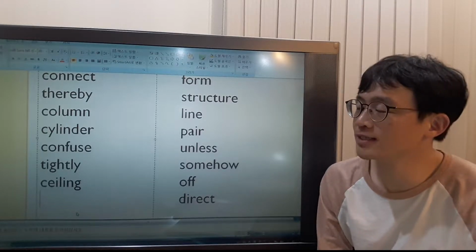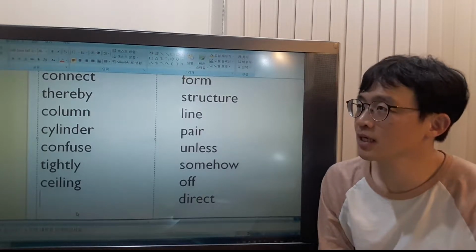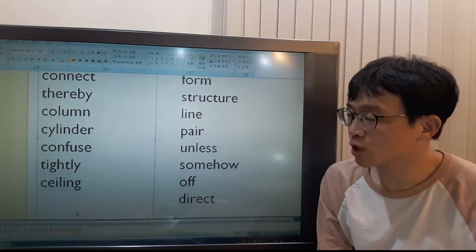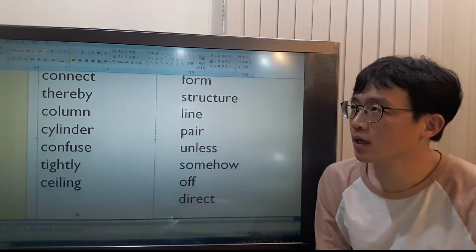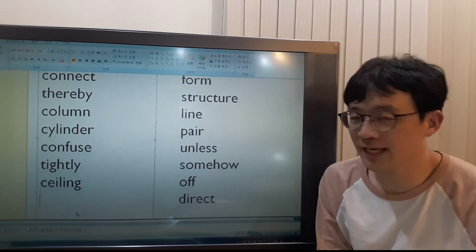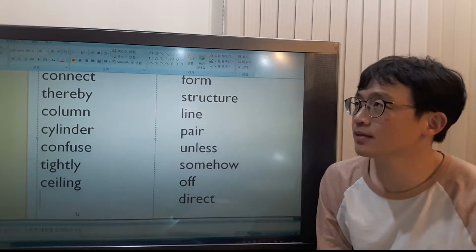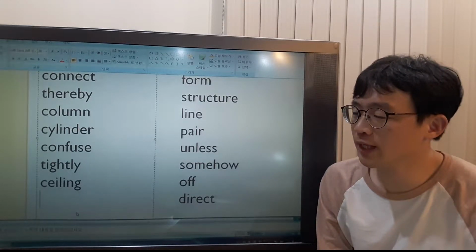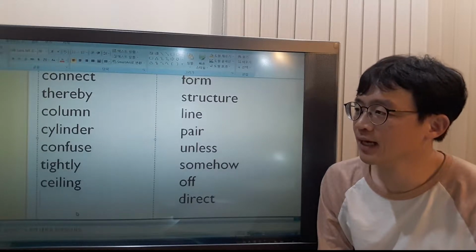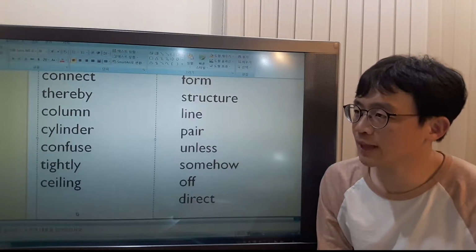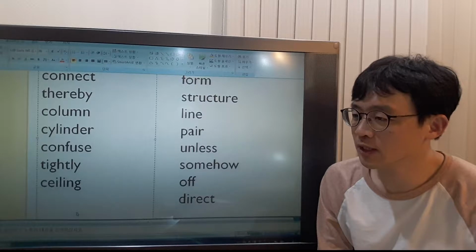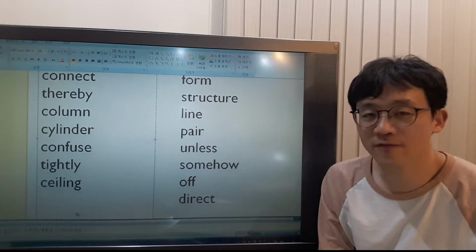And whereas stalagmite is a long piece of rock, okay, which sticks up from the floor of a cave, all right? And it is also formed when the water containing mineral lime drops slowly from the ceiling of that cave.